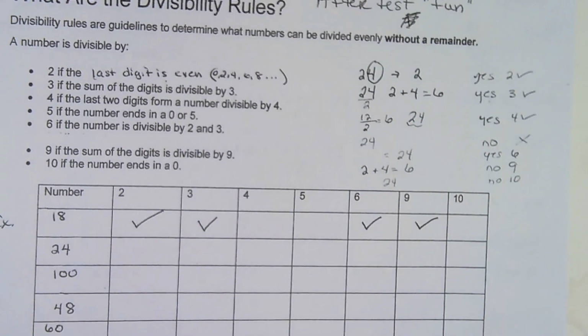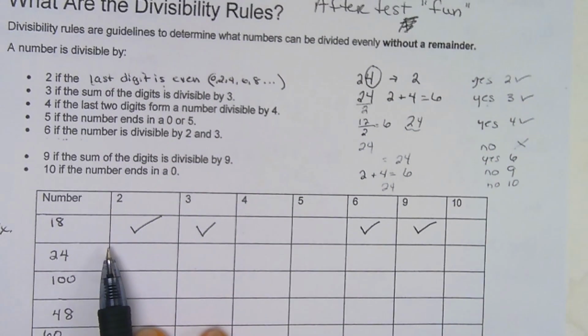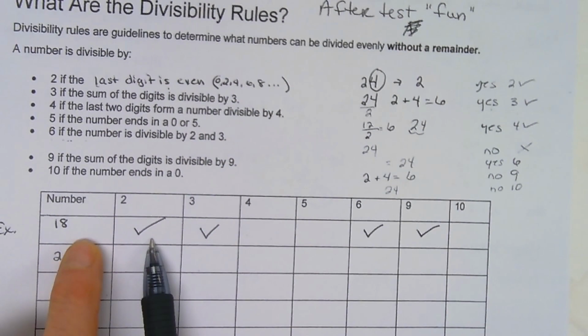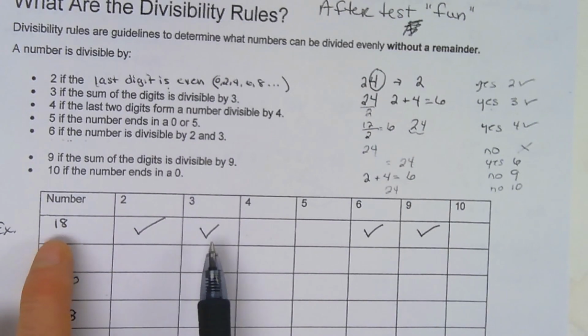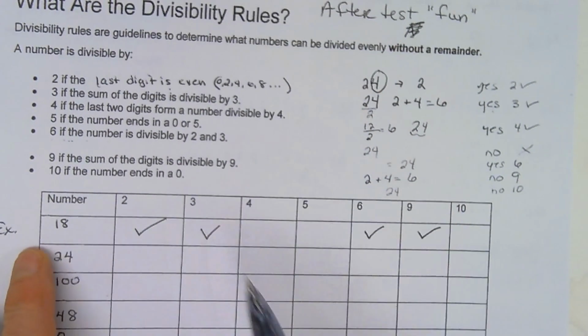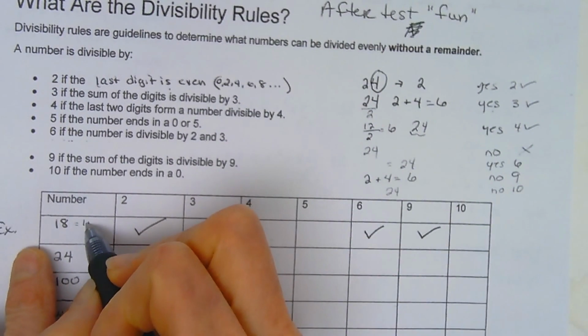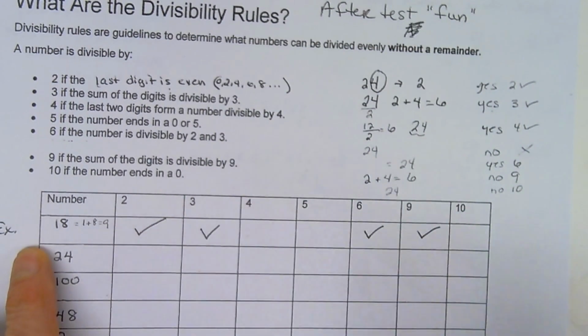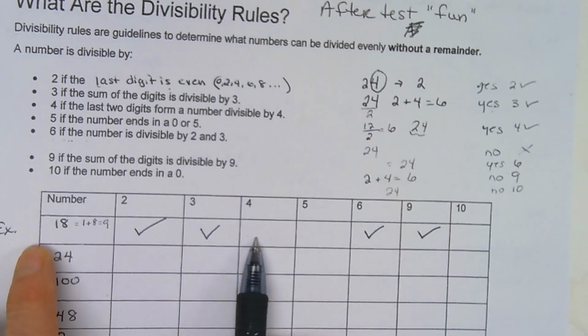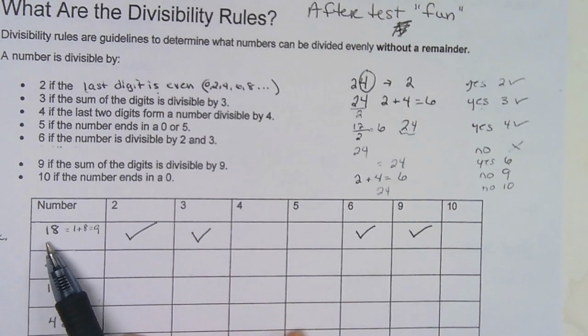So for this first line, I have 18, and I said yes, it's divisible by 2 because it's even. Yes, it's divisible by 3 because 1 plus 8 equals 9, and 9 is divisible by 3. It is not divisible by 4 because if I divide it by 2, I get 9.